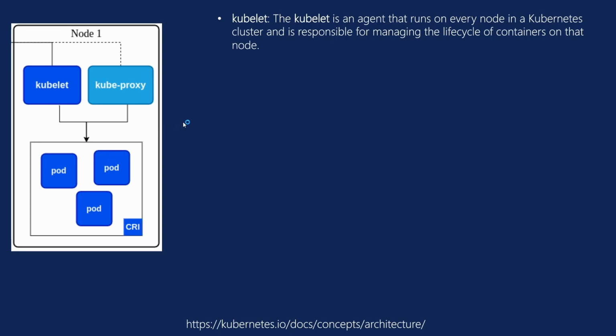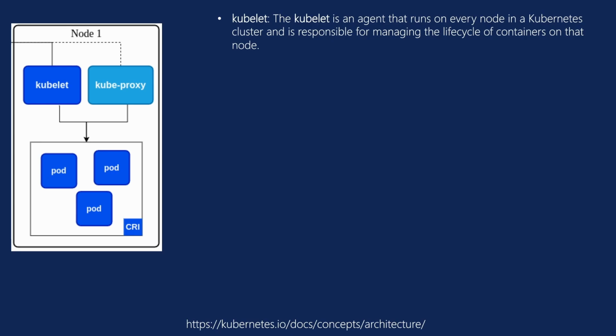Pretty much what kubelet does is it pulls data from the control plane via the API server that we just saw, and it will check for new changes. And if there are new changes, as an example, a new pod to run, then kubelet will orchestrate the process of running that pod.